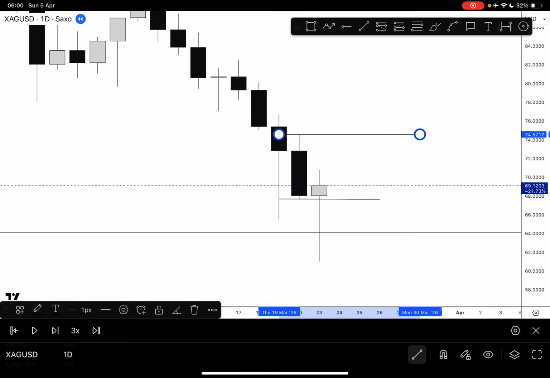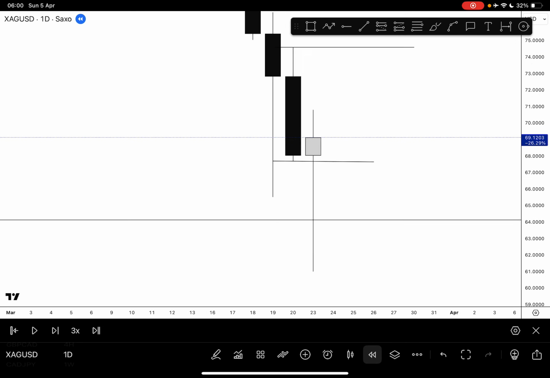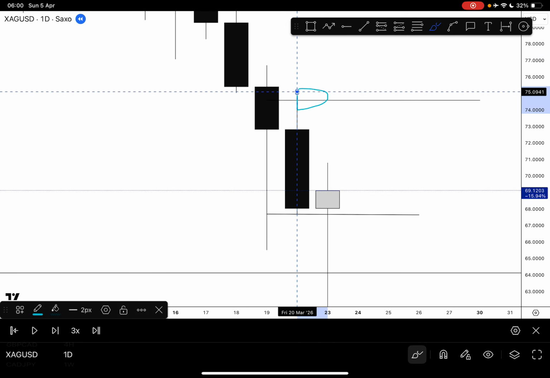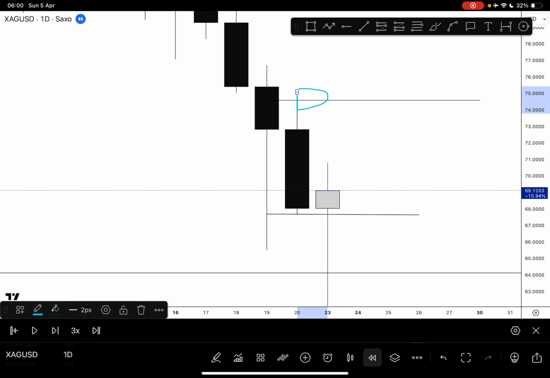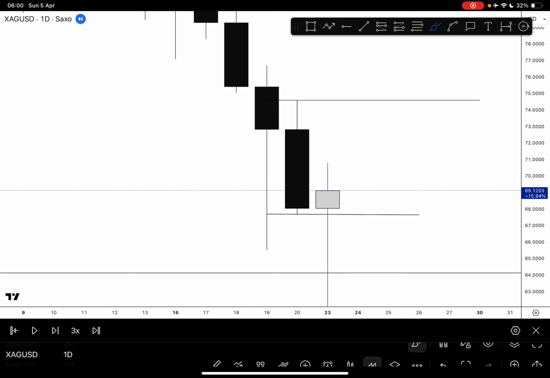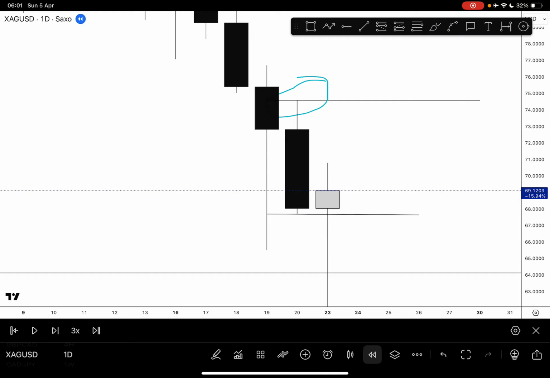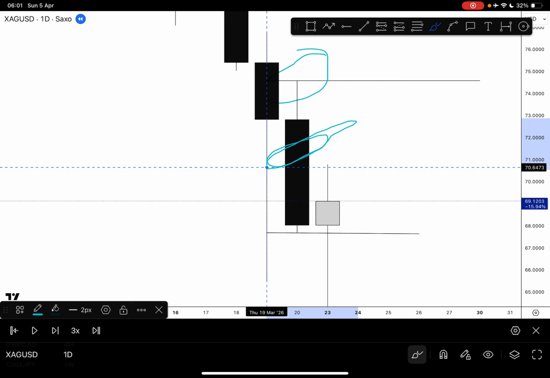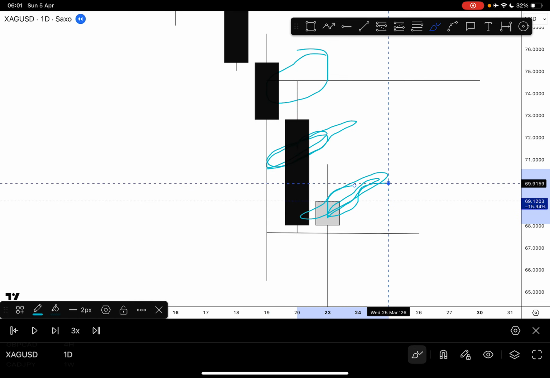Now watch closely. Now what do we have here? I've tried to find out, okay, this is my target. Minimum target though, right? Now what can you see here? Bearish candle, bullish candle. What does that mean?